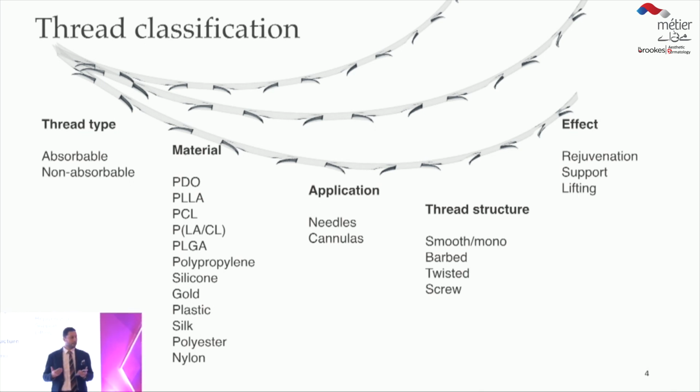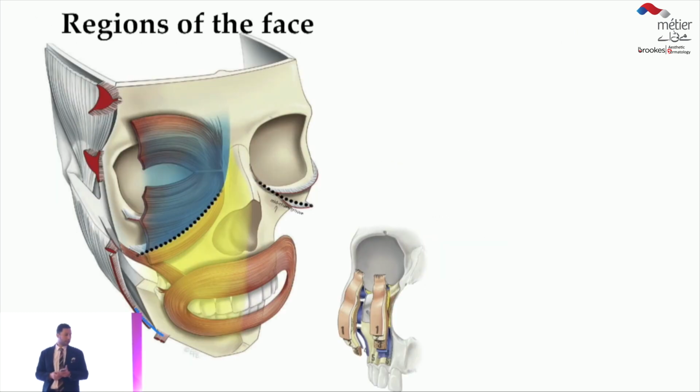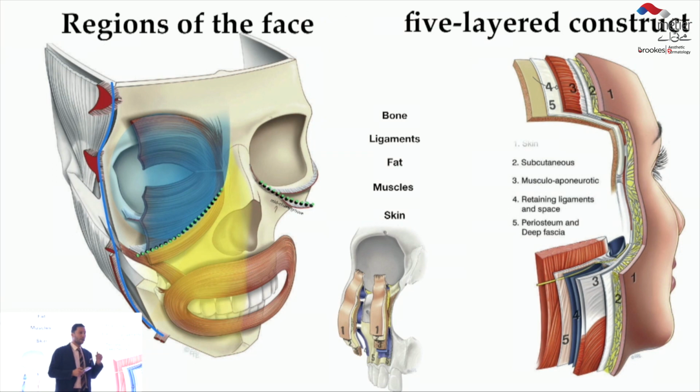There are different types of thread material that work with different things that we need to treat all over our faces. Is it for rejuvenation? Is it for volumizing? Is it for lifting? Is it for both? We need to know that. And we need to understand that the face is not just split into thirds or fifths.